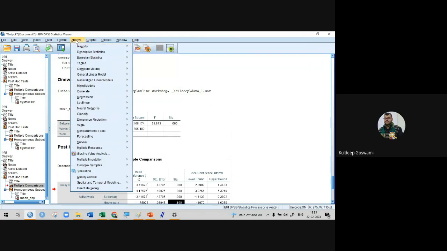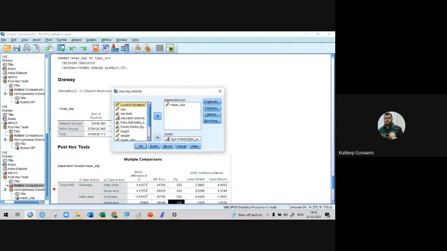Okay. See, first of all, I am repeating the things. Go to Analyze, go to Compare Means, then One-Way ANOVA. Click on that. Dependent list: mean systolic blood pressure.